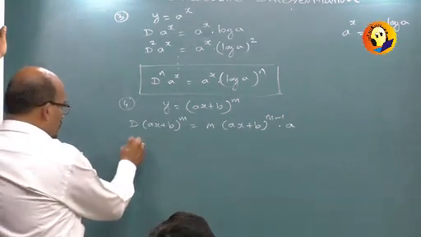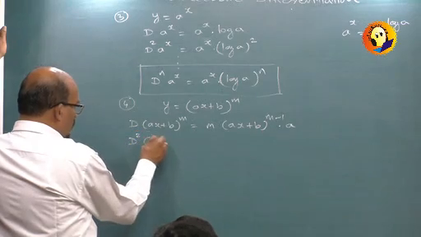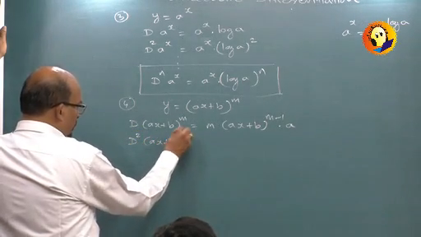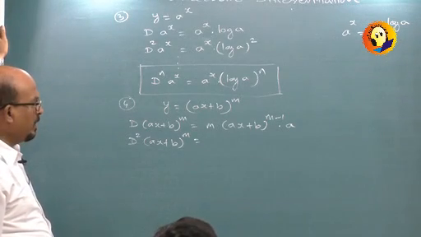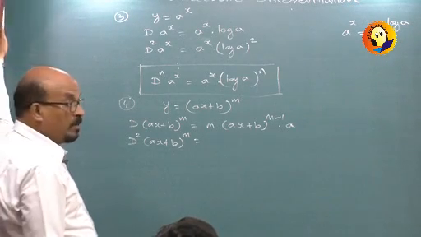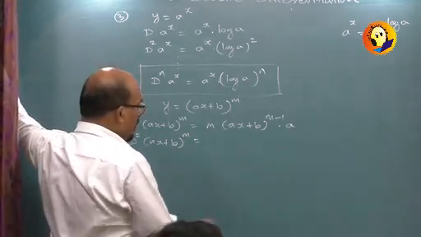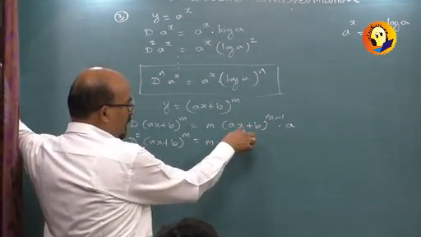Right? So we differentiate it again. D square of ax plus b raised to m. What will it be, Nikita? What is the derivative? This m remains. What is the derivative of this term?